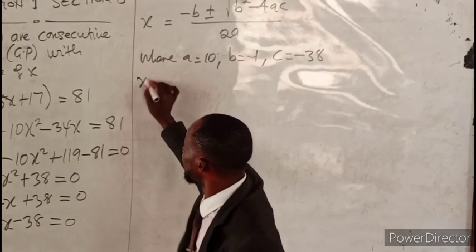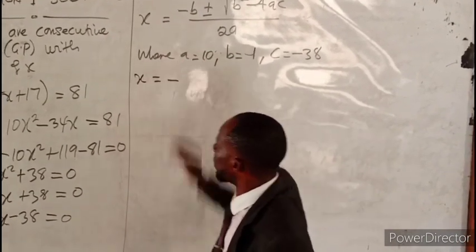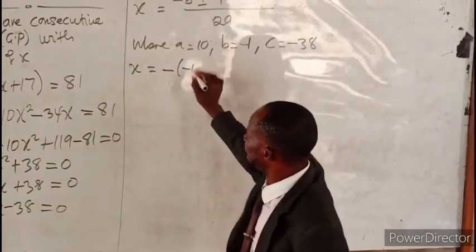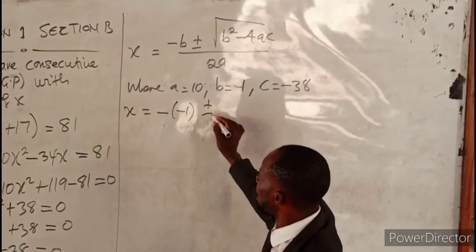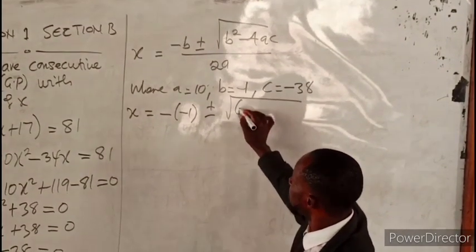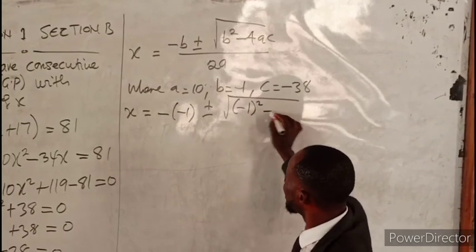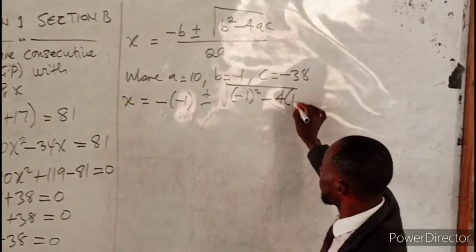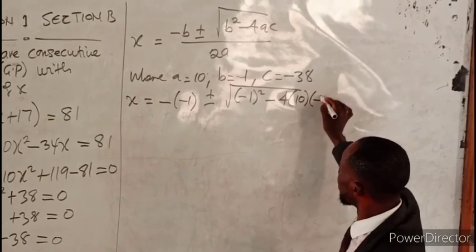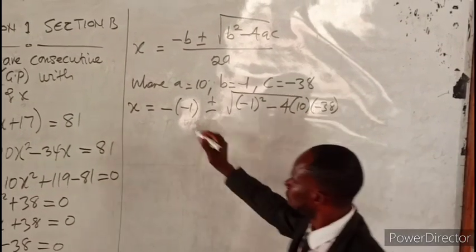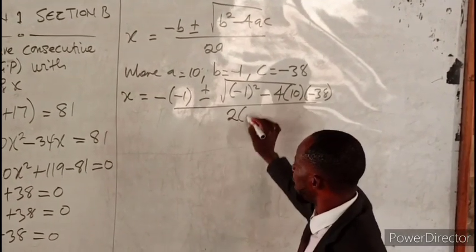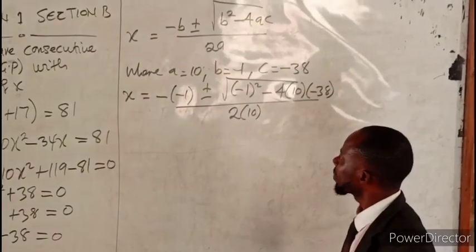Let's do substitution. Minus will be there. b is minus 1, plus or minus the root of minus 1 squared, minus 4a which is 10, c which is minus 38, all over 2a which is 10.